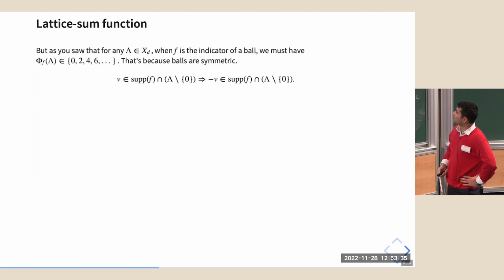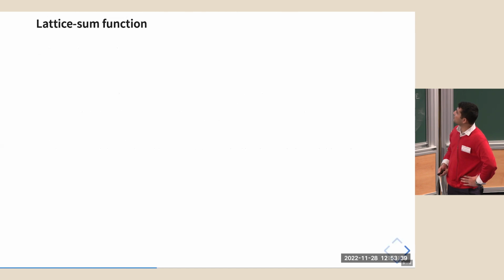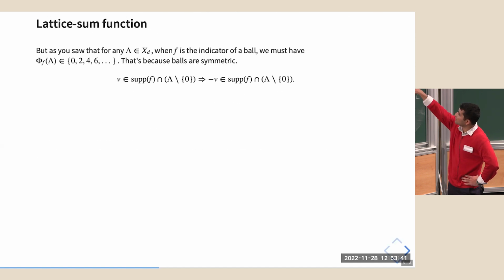And then there is this additional symmetry. The lattice sum is always going to be an even number, because if you have v inside your lattice intersection ball, you also have minus v inside your lattice intersection the ball.